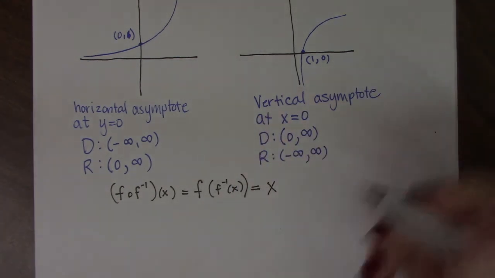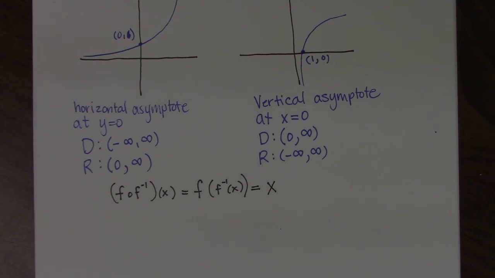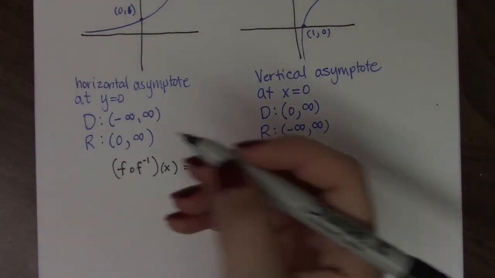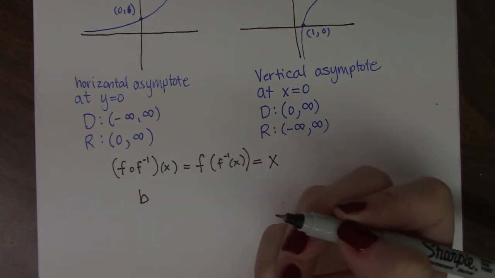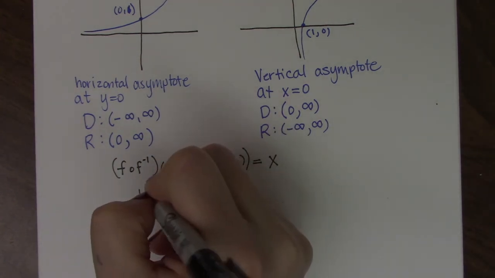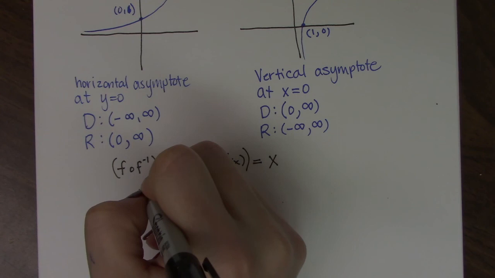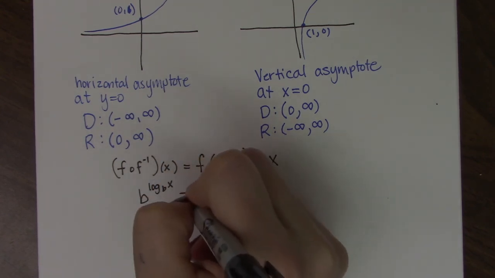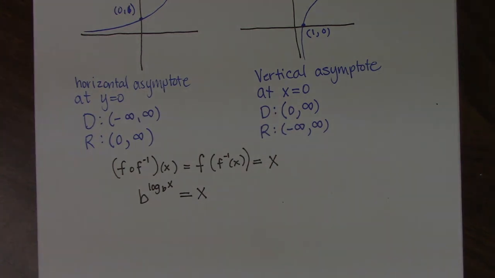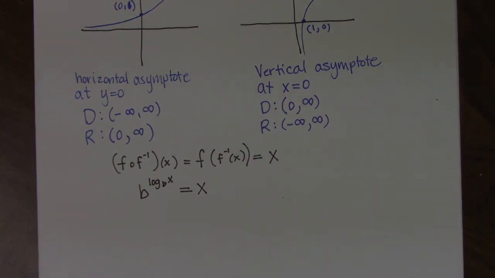And when you do this, x should come out. So if I take our f of x, which is b to the x, and where I have x, I replace it with my inverse function, log base b of x, this works out to just be x.